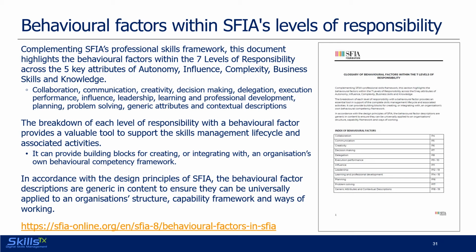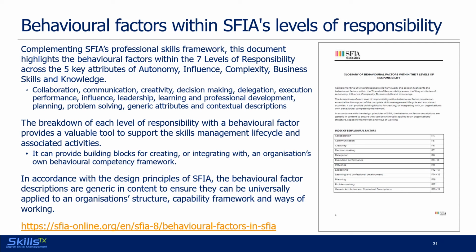So you can see within the generic levels of responsibility attributes, we still cover off those 5 attributes: autonomy, influence, complexity, business skills, and knowledge. But you can see how those elements contain different behavioral factors. So things like collaboration, communication, creativity, decision making, delegation, execution performance, influence, leadership, learning and professional development, planning, and problem solving.